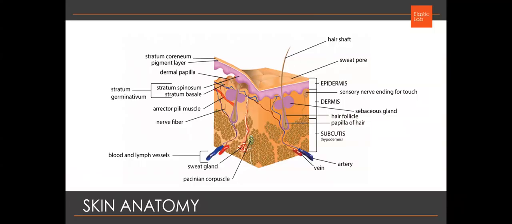Before we dive into what exactly Elastic Lab is, it's very important that we have a little recap on skin anatomy. Elastic Lab is a skin booster, therefore it is going to be injected directly into the dermis to stimulate both collagen and elastin formulation.